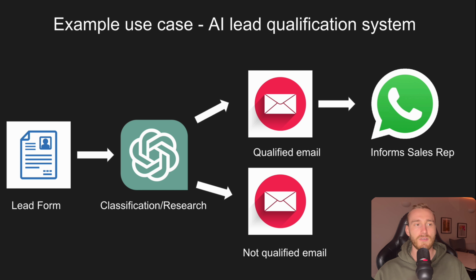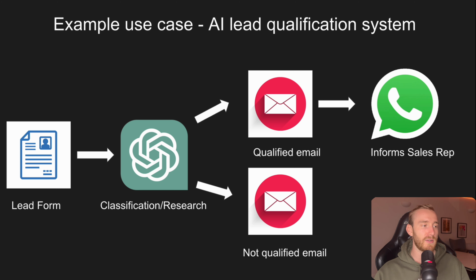For this video we're going to be using an example of an AI lead qualification system for a marketing agency specializing in dental practices. This gives you a basic overview of the sorts of systems that we can build when you build these perfect prompts. Obviously this is a simplified breakdown of the system, but it gives you a general idea.